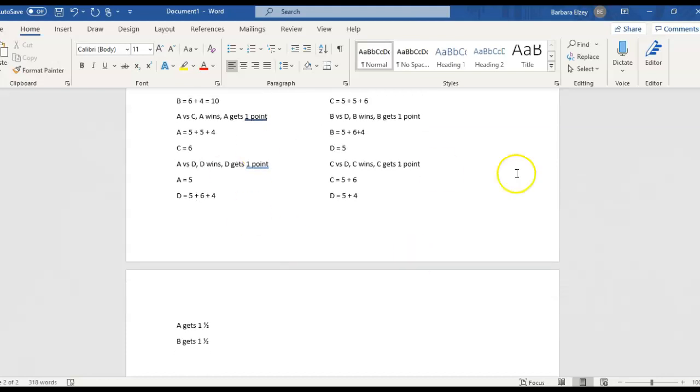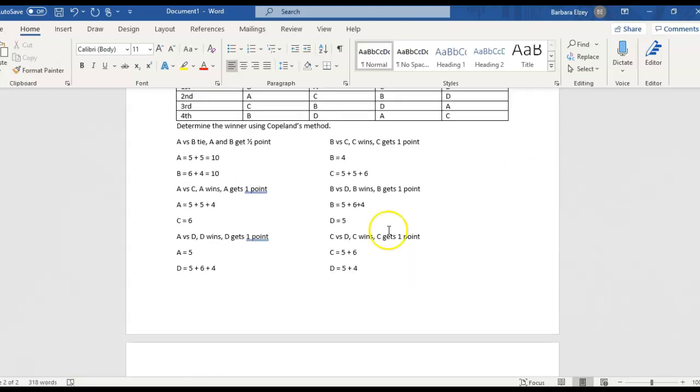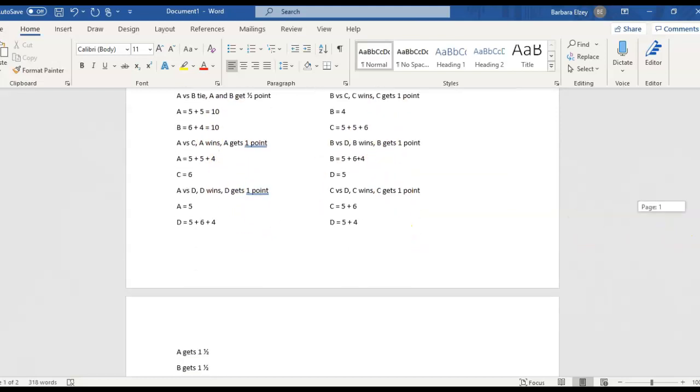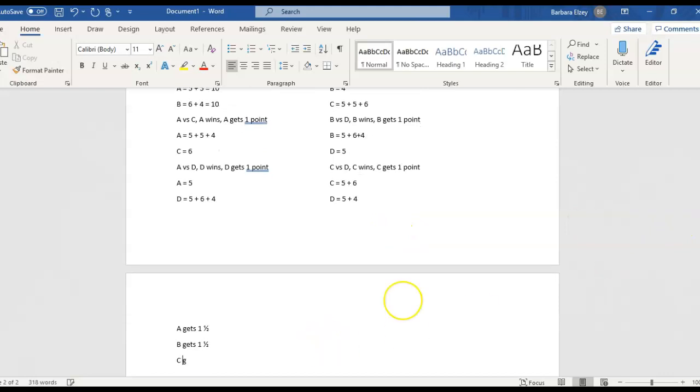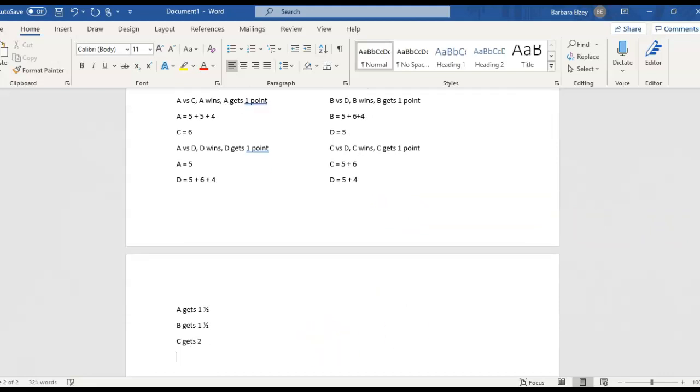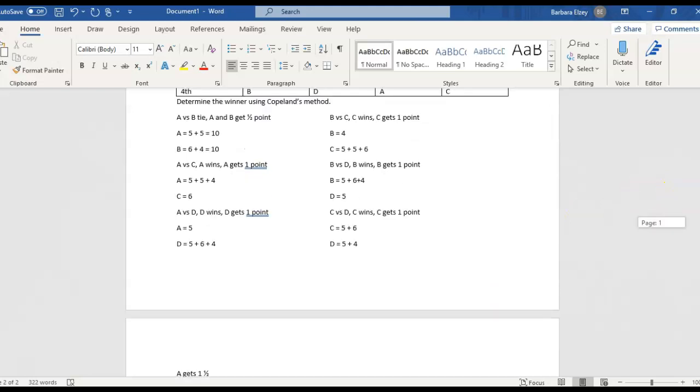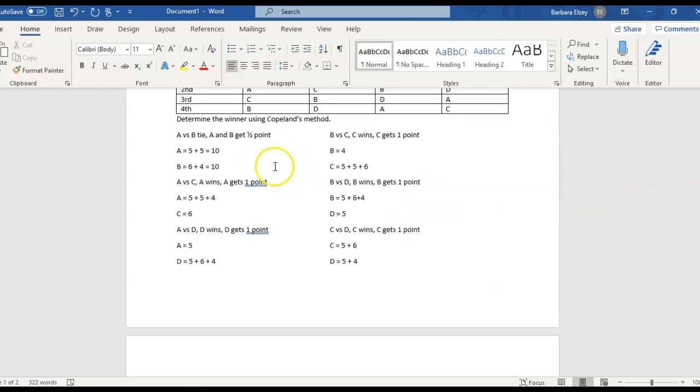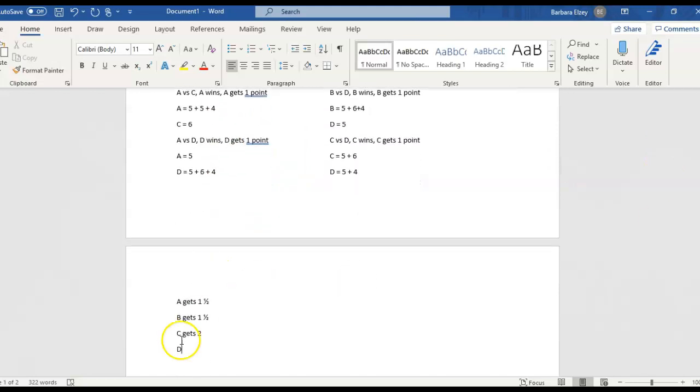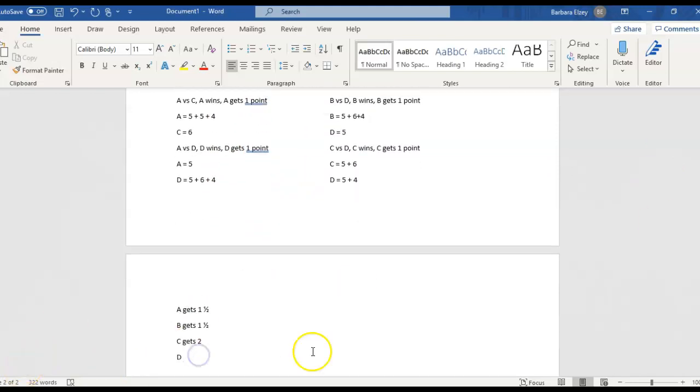And then C, let's see. C gets 1 here and 1 here, so C gets 2. And then finally D only won this one, so it gets 1. All right, so C wins by the head-to-head count.